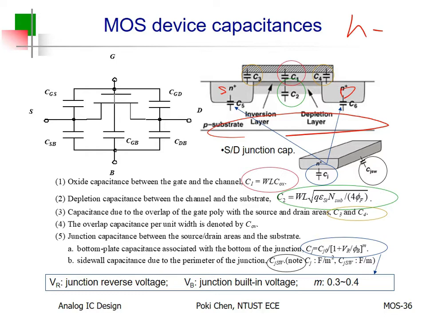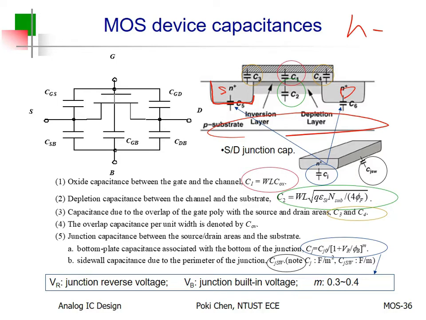Okay, for source or drain, you can see we have the so-called PN junction here, here, and a little bit there. Okay, and according to such kind of PN junction, we have what? Capacitor, depletion region capacitance, as I mentioned in the previous chapter. Okay?